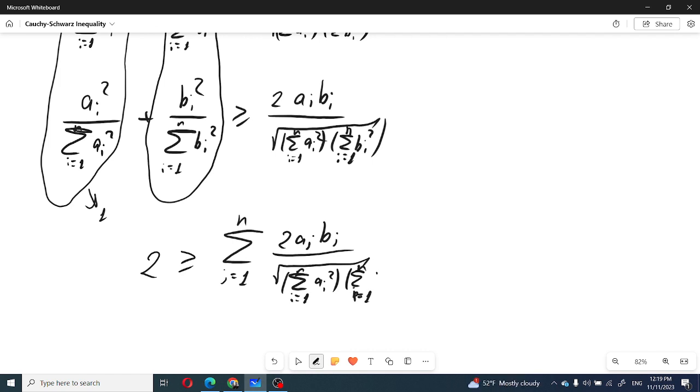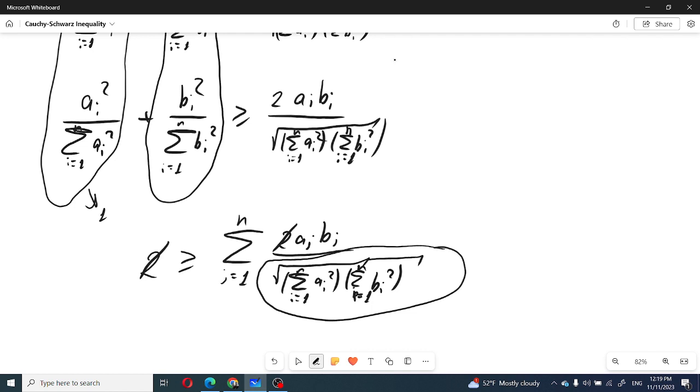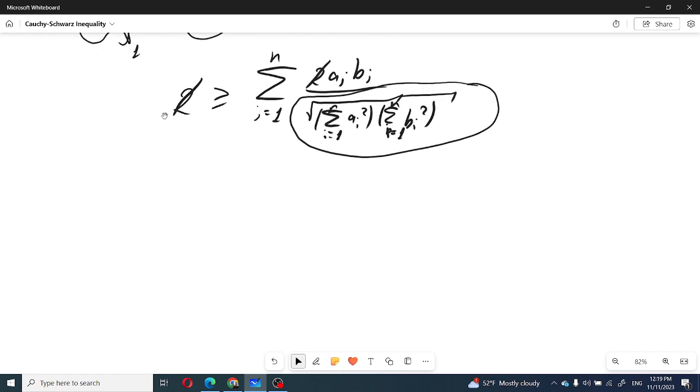So now look carefully at what we get. The 2's will be cancelled out, and if we take both sides, we know that all these fractions have a common denominator. We can multiply both sides by this one, and we will get that the square root of the sum of ai square, i equals from 1 to n, times the sum of bi square, i equals 1 to n.